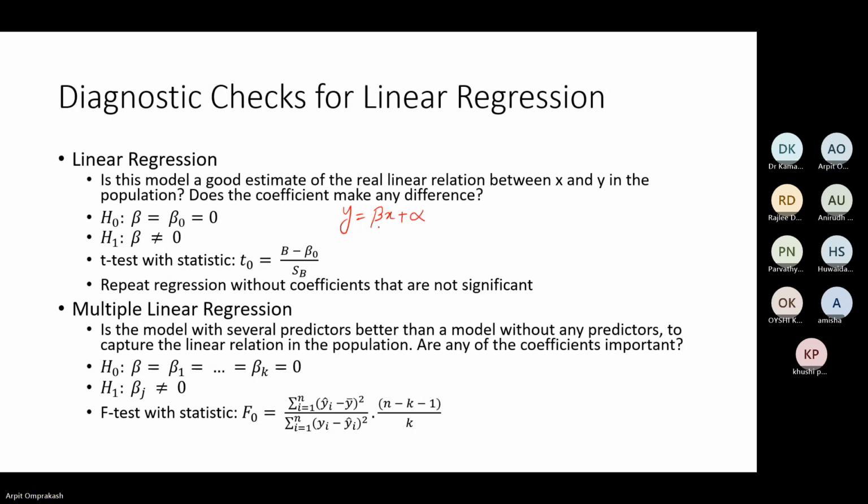To check this, for each of the coefficients and the intercept, we calculate the t statistic, which is given as b minus beta naught divided by the standard error of b. For the sample, we have the equation y is equal to bx plus a, and this is for the population.